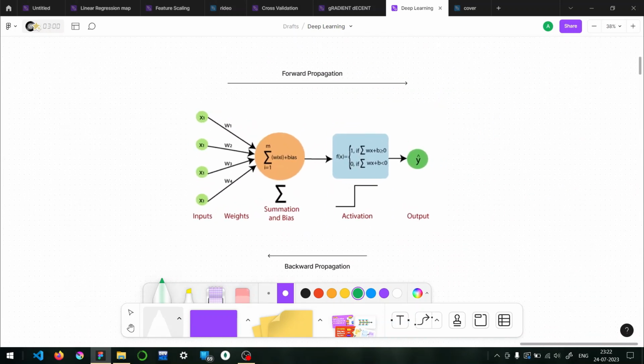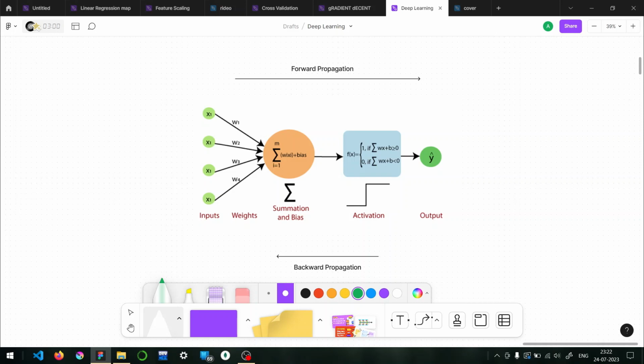And everyone knows this is a perceptron, right? So what we have here, we have some certain inputs and some weights associated to it, right? Then after that, these inputs and weights are passed into the summation function, where the inputs and weights get multiplied, and all of them get added together. Okay.